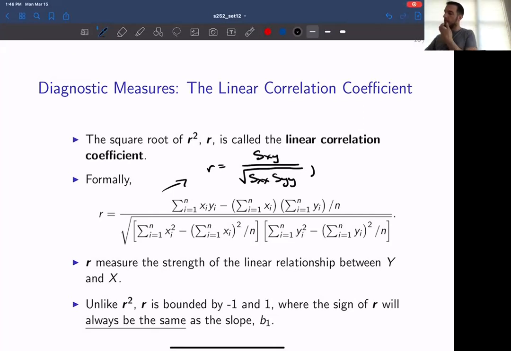So if you square this, you get SXY squared divided by SXX times SYY.